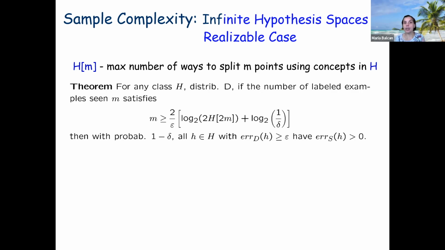Now it turns out that if H is infinite, you can replace size of H with basically the shattering coefficient at roughly level n. So we can show the following.